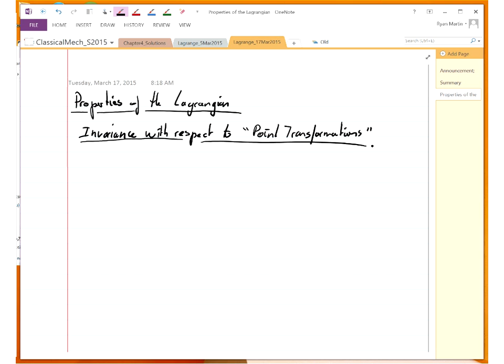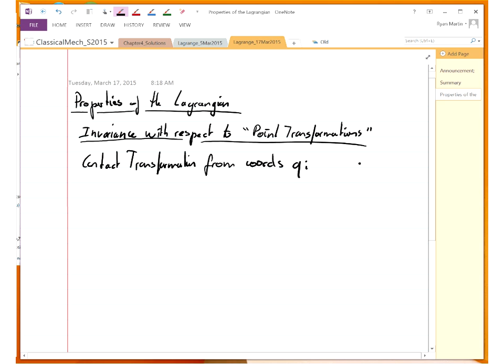The most general transformation from one set of coordinates to another is called a contact transformation, from coordinates qi to coordinates qi prime.